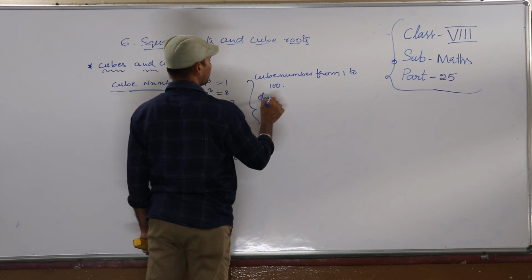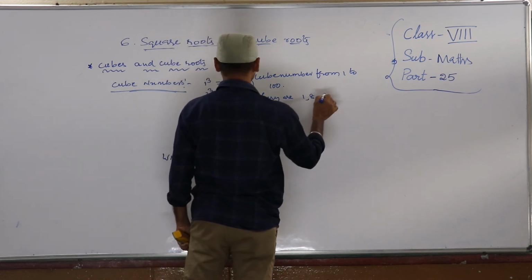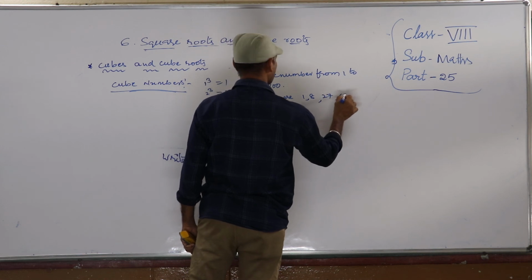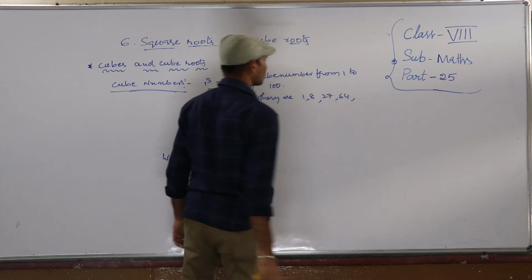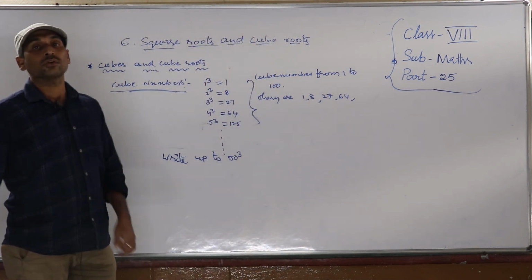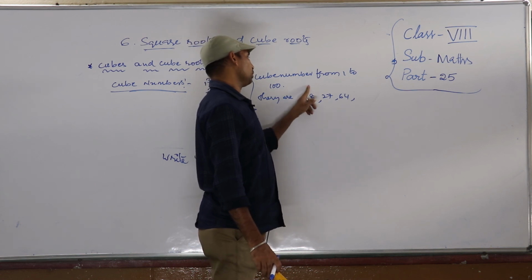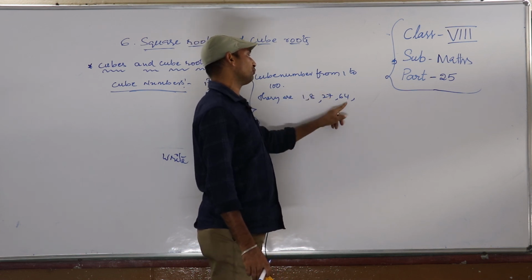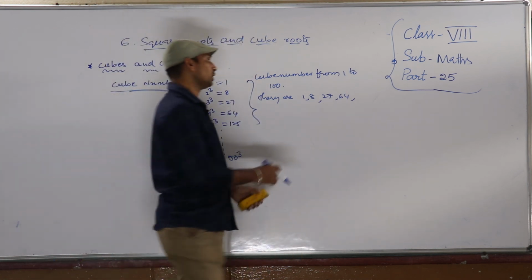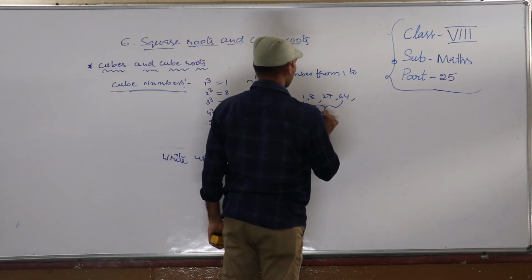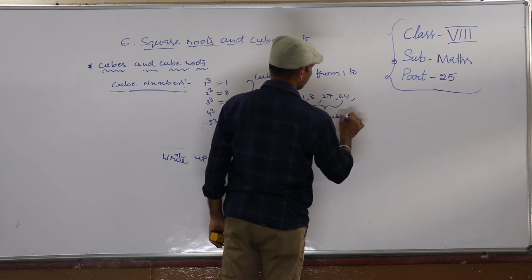They are 1, 8, 27, 64, that much only. So 1 cube 1, 2 cube 8, 3 cube 27, 4 cube 64, 5 cube means 125. So in total there are 4 cube numbers from 1 to 100.